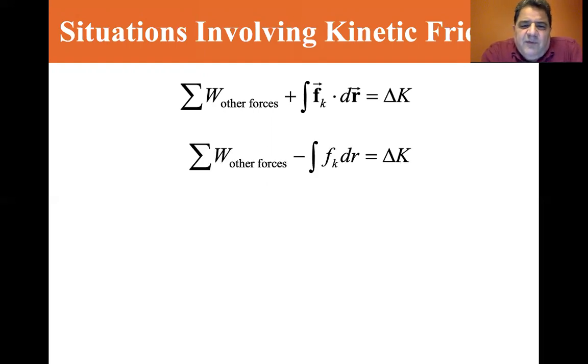So the work of other forces is equal to minus the integral of f_k dr. In other words, they're opposite. F is in one direction and dr is in the other direction. And if you do the dot product of that, it becomes minus.